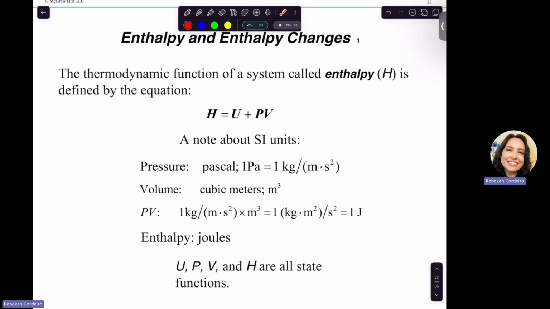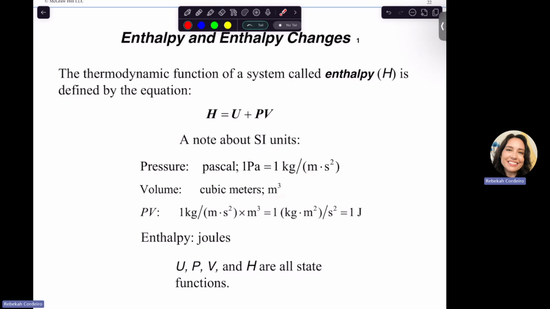And so we have this function of a system called enthalpy. Enthalpy is the internal energy plus the pressure times the volume. The SI unit notes here are pascals, which are equal to a kilogram per meter per second squared.